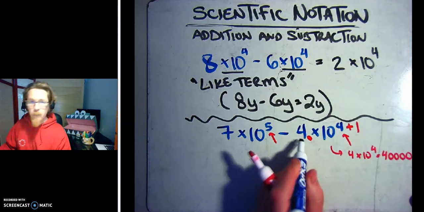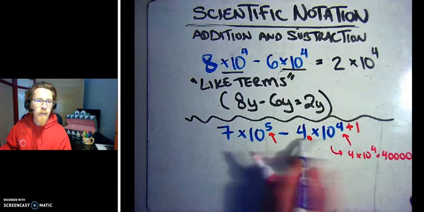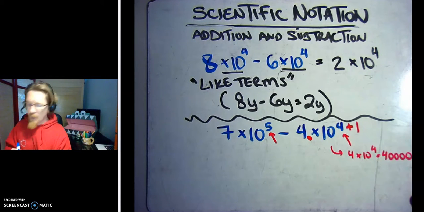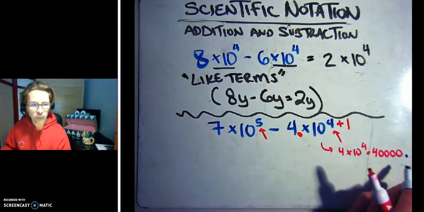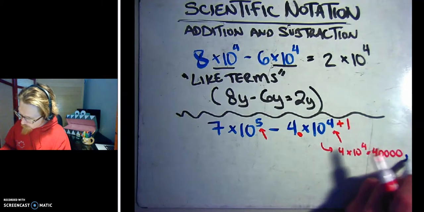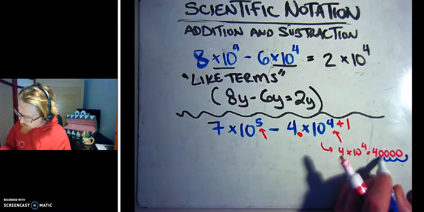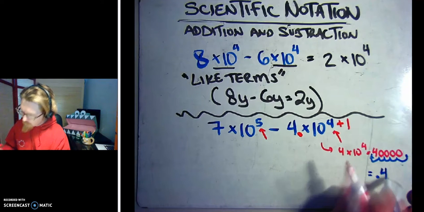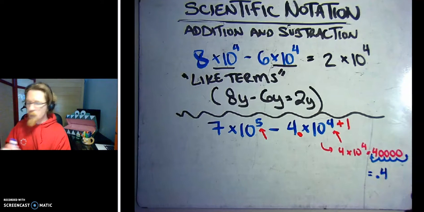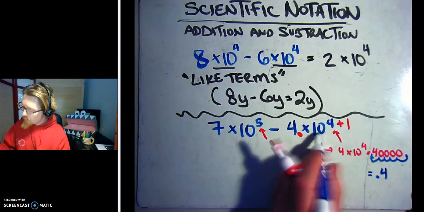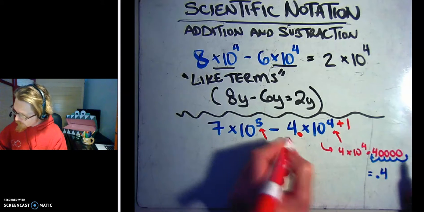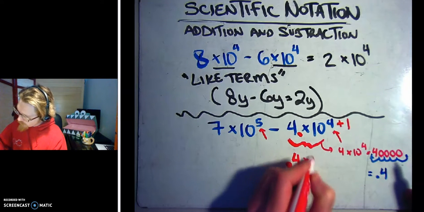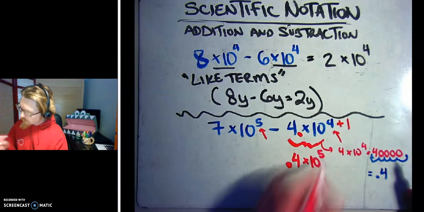I want this to be a number that I'm going to move my decimal 5 places to the right to get the same value. So if I look at this decimal and I move it 1, 2, 3, 4, 5 places, I get the number 0.4. So 4 times 10 to the fourth is going to be the same as 0.4 times 10 to the fifth.